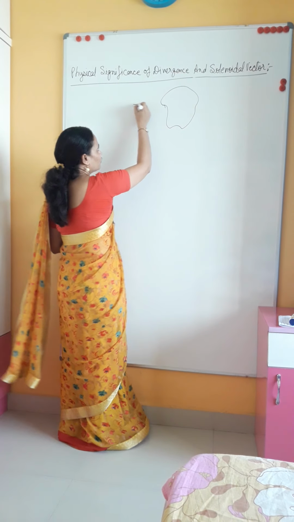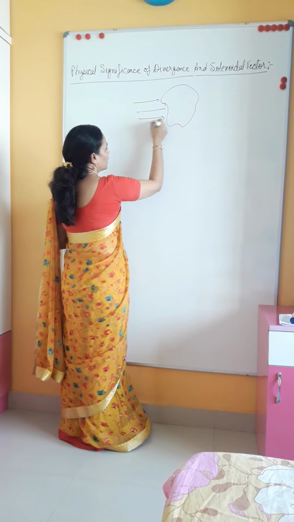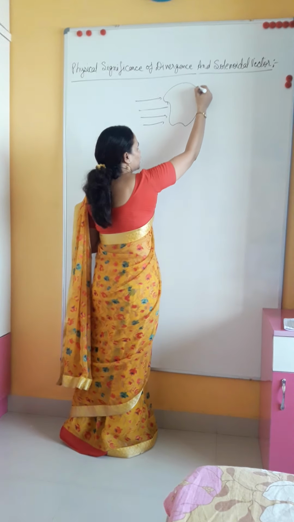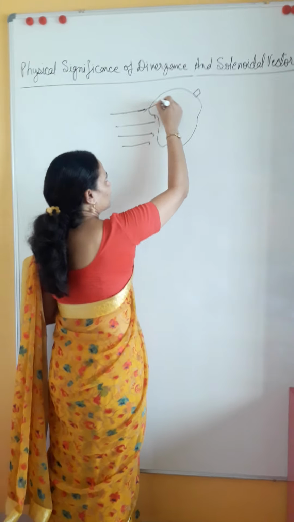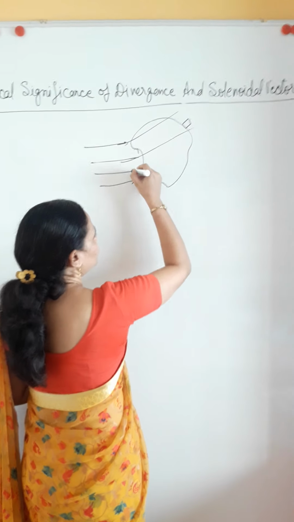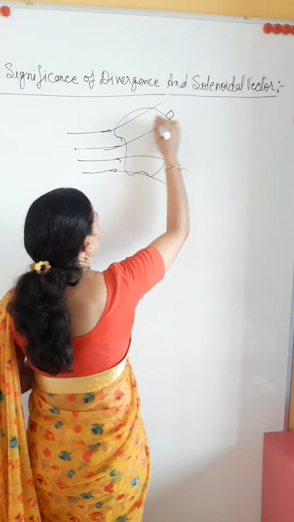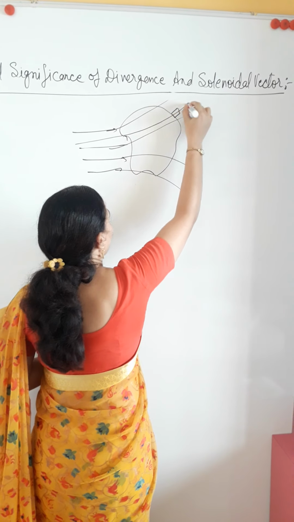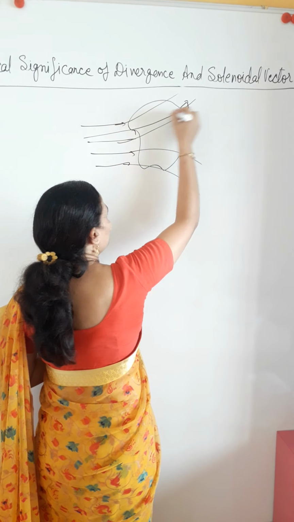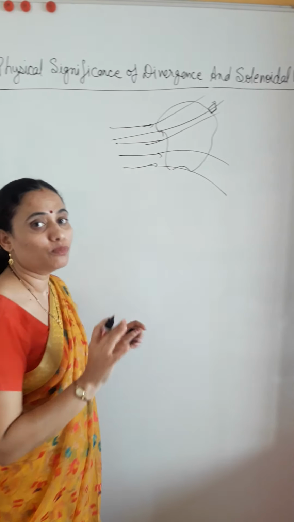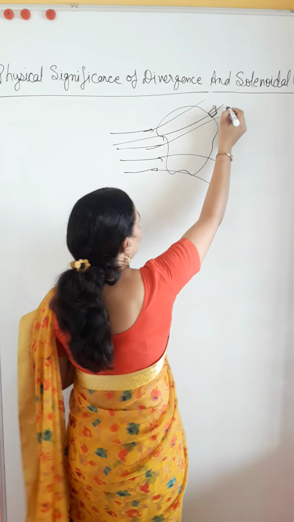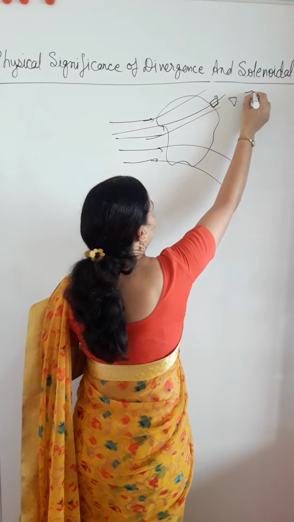So if any fluid is flowing, then at this point, suppose it is diverging, meaning scattering, diverting. At any point, per unit volume, we see how much flux or how much fluid is coming out, and that is defined as divergence.